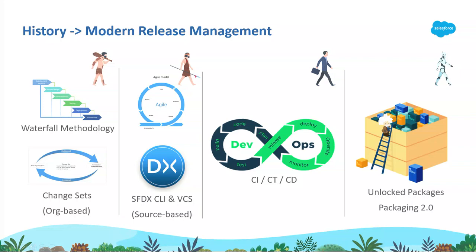We also shifted our source code from our production org into source control systems. The next step was implementing DevOps, which is the whole CI/CD tooling and continuous testing, and that really made delivery a lot faster. And now, looking towards the future, it's really around Unlock Packages and using that within your DevOps CI/CD/CT, along with SFDX and SFDX CLI.